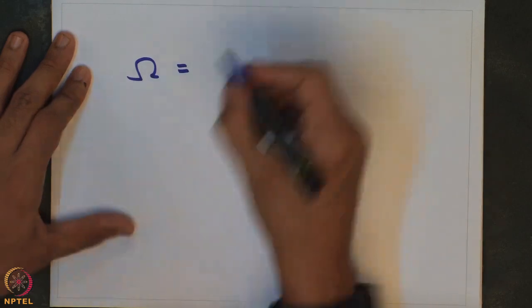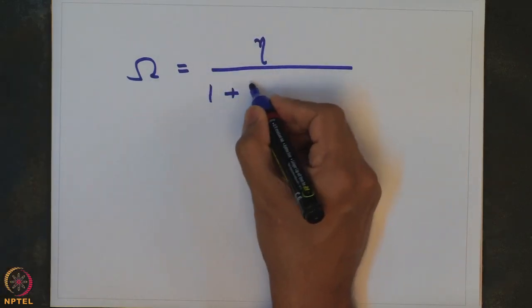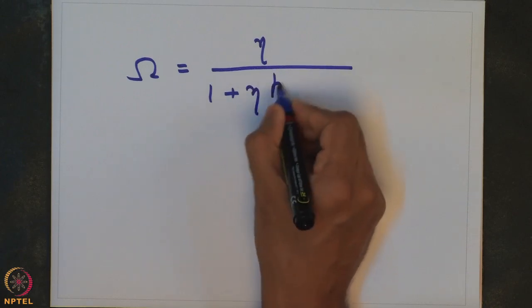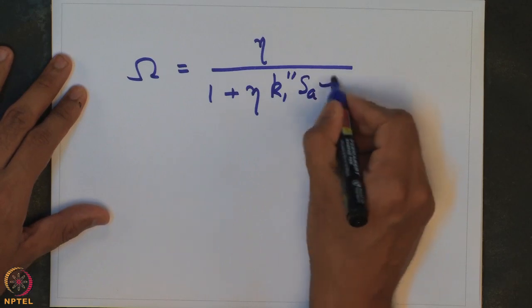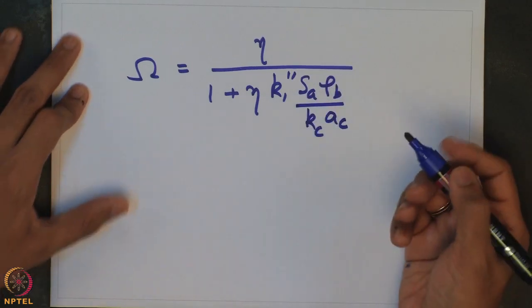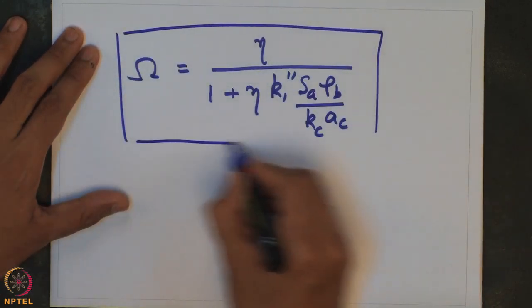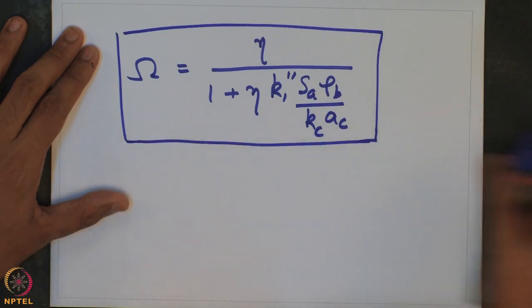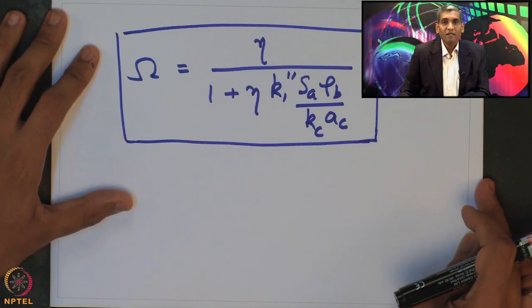The overall effectiveness factor omega is essentially given by eta divided by 1 plus eta k1 double prime SA rho b divided by Kc into Ac. This overall effectiveness factor now accounts for the internal diffusional resistances.